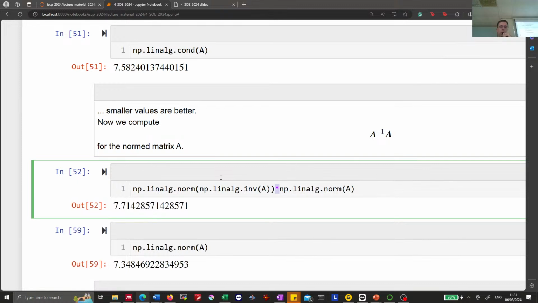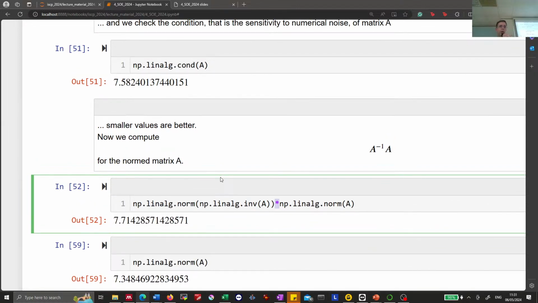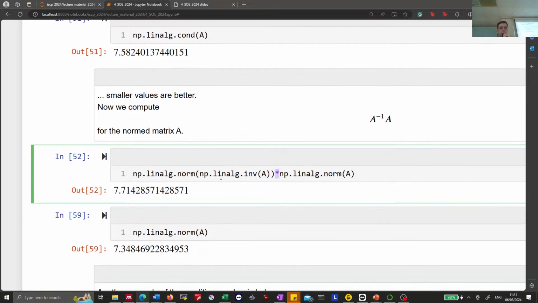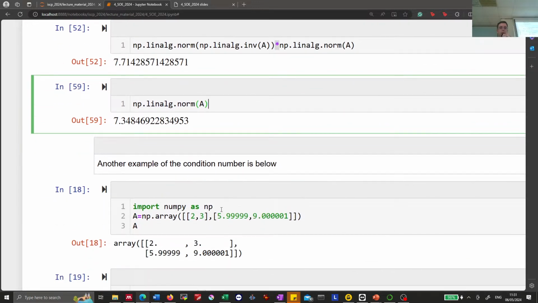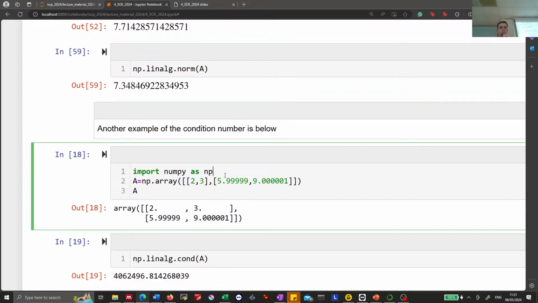What we observe already is a small difference between NumPy's condition number and our self-written condition number.